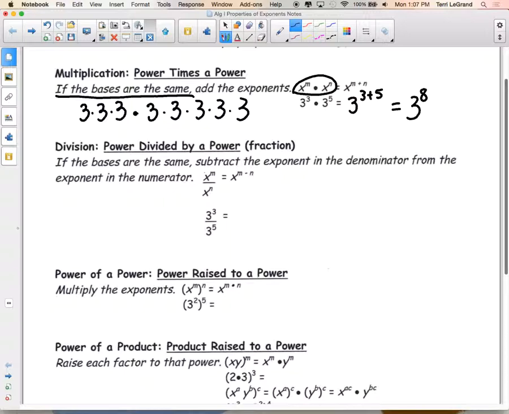Yeah. Okay. So when we are evaluating powers, instead of having to write out all of those factors, we can take that shortcut and add their exponents together and then say that we should get 3 to the 8th. Now, on here, we're just practicing the properties.